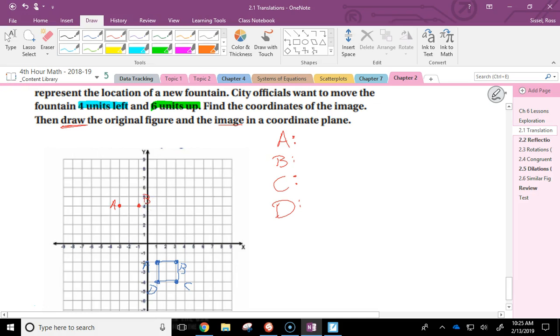Same thing on this one. 4 left. 1, 2, 3, 4. 1, 2, 3, 4, 5, 6. And obviously, C better be here. 1, 2, 3, 4. 1, 2, 3, 4, 5, 6. That would be what I need to see.